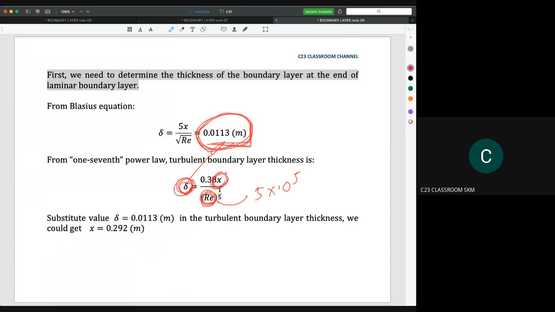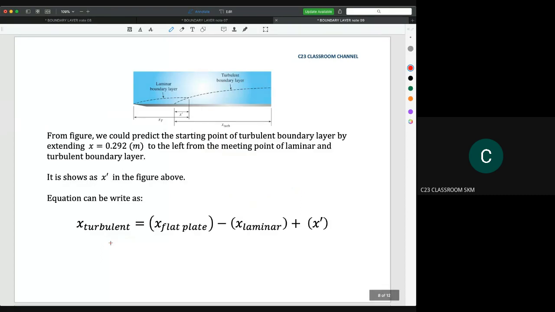What is this x? This x is equal to 0.292, and the value of 0.292 represents the starting point of the turbulent boundary layer. So the distance here is 0.292. Then what we need to calculate is the total length of the turbulent boundary layer.